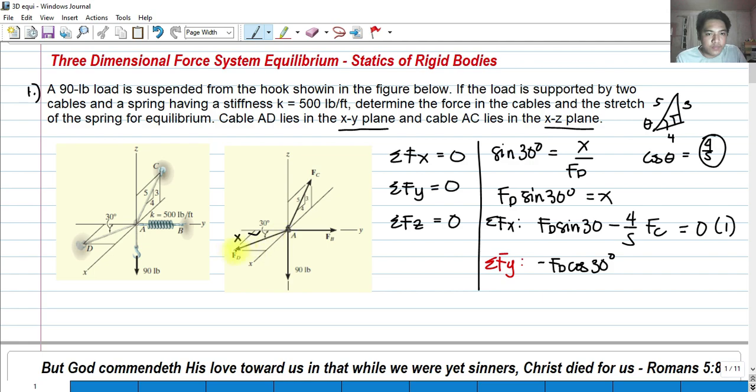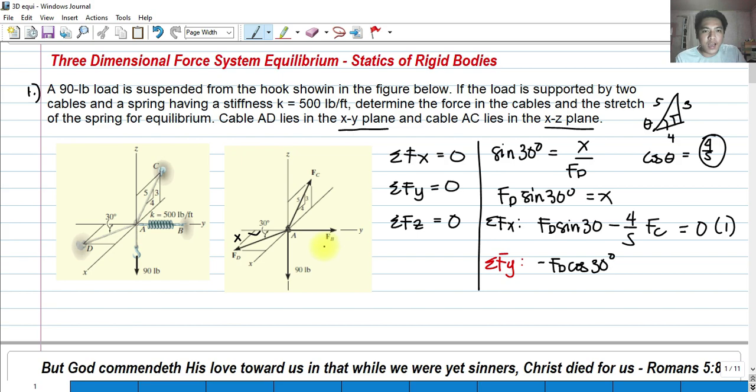For this one, we're going to project this F sub D into the y, and here is the negative y-axis. So if we project this, we're going to use cosine because of, again, the triangle. And we write negative because if we resolve it, it's going to the left. So we have negative FD cosine 30.